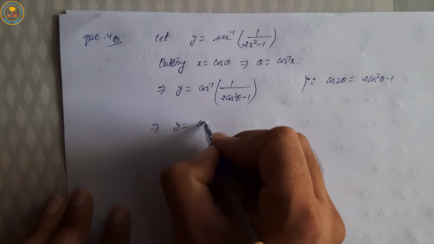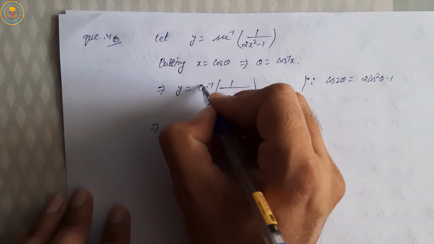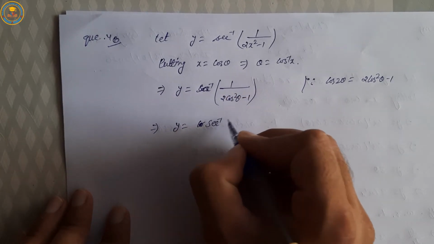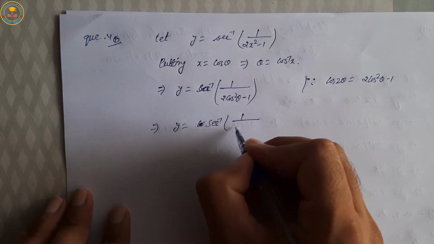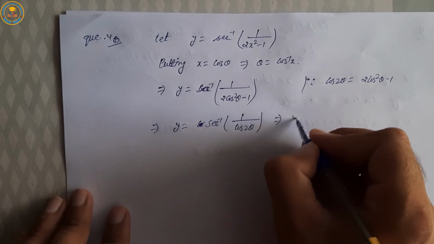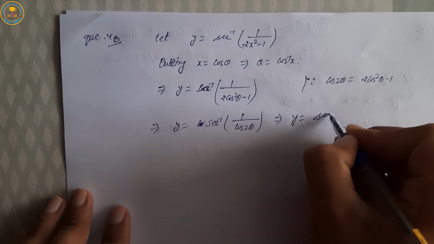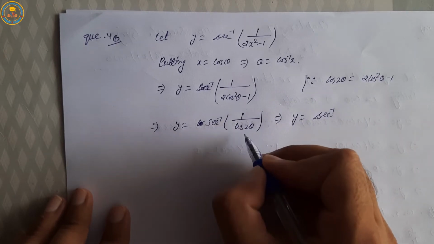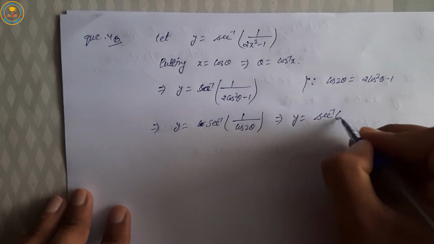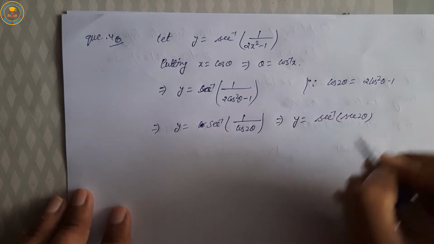y is equal to sec inverse of 1 upon cos 2 theta. It means 1 upon cos 2 theta is equal to sec 2 theta.